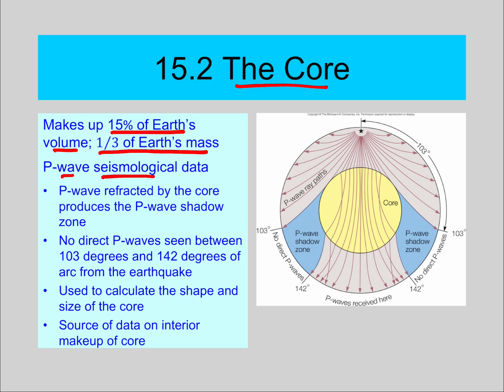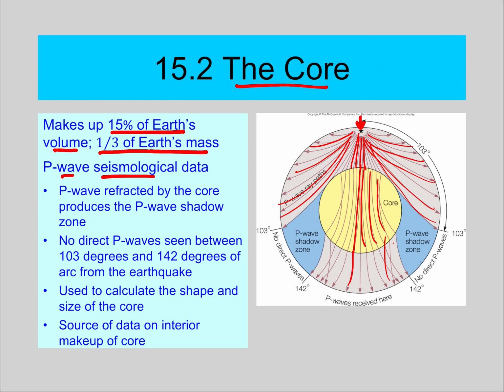So what we used is P wave seismological data. So if they started off, say like an earthquake here, putting off P waves, and then they tried to detect the waves across the Earth, they saw here that the P waves were deflected as expected. But however, the P waves that went straight down and interacted with the core, they started doing some interesting things, which was they resulted in a shadow zone where no P waves were detected, which told us that there was this refraction occurring due to the core.